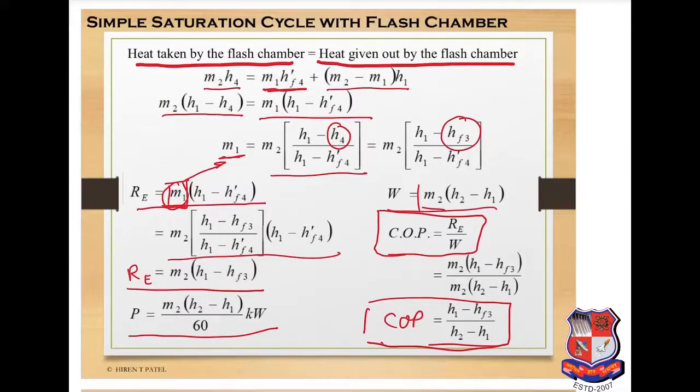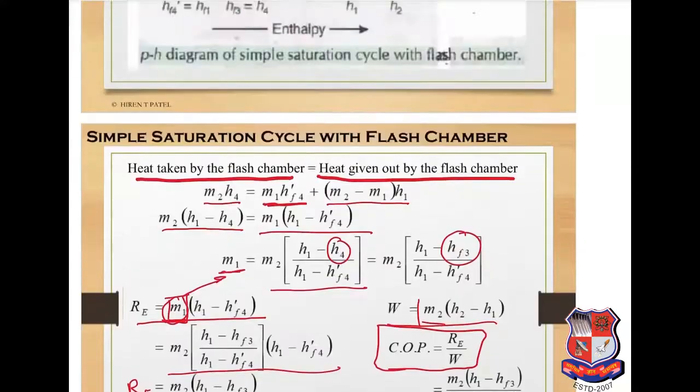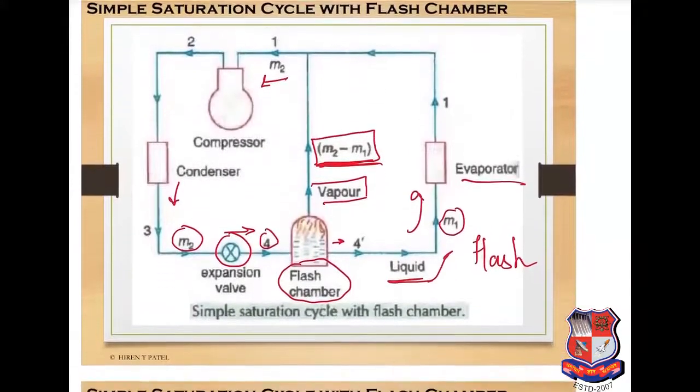The coefficient of performance and the power required are the same as those of the simple saturation cycle when the flash chamber is not in use. Thus the use of the flash chamber has no effect on the thermodynamic cycle. The only effect resulting from the use of the flash chamber is the reduction in mass of refrigerant flowing through the evaporator.